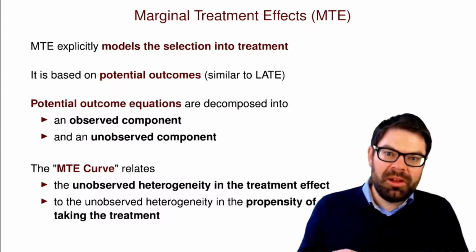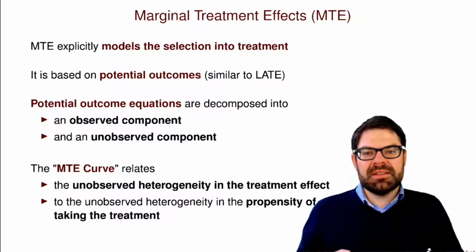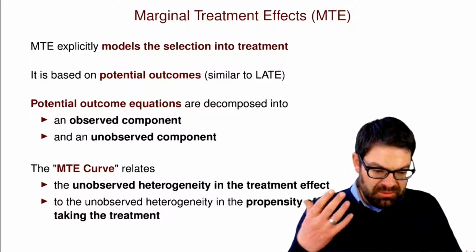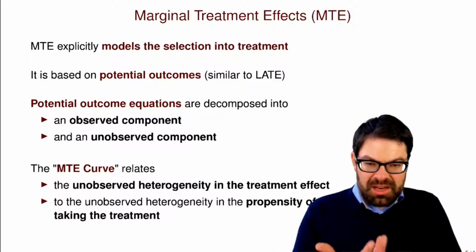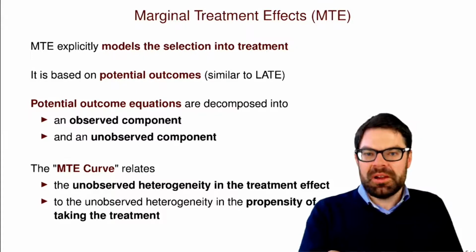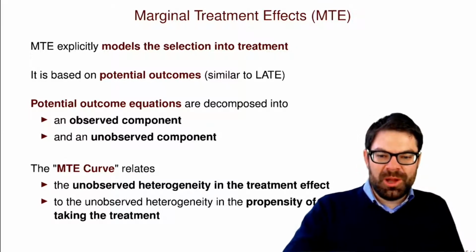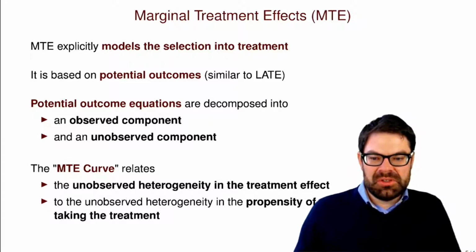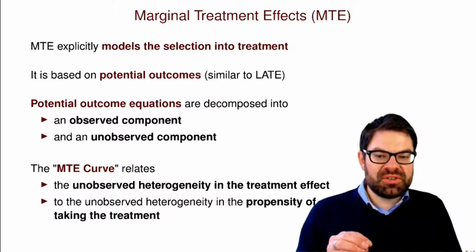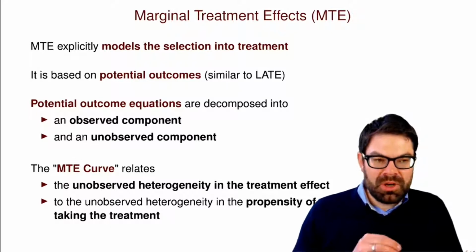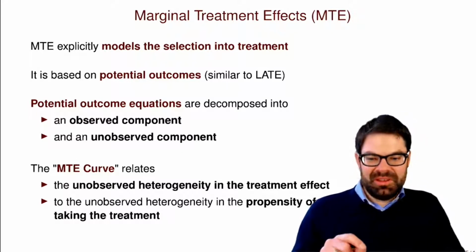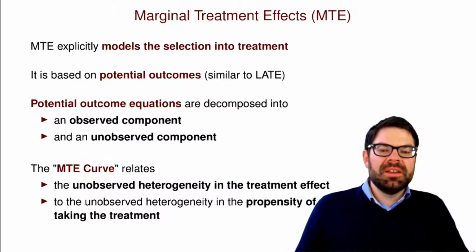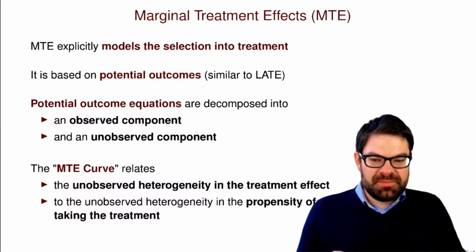The goal of the marginal treatment effects analysis, besides the ultimate goal to quantify that policy relevant treatment effect or some target treatment effect, is what's called a marginal treatment effects curve. What is that? It's an upward or downward sloping curve that relates two things.